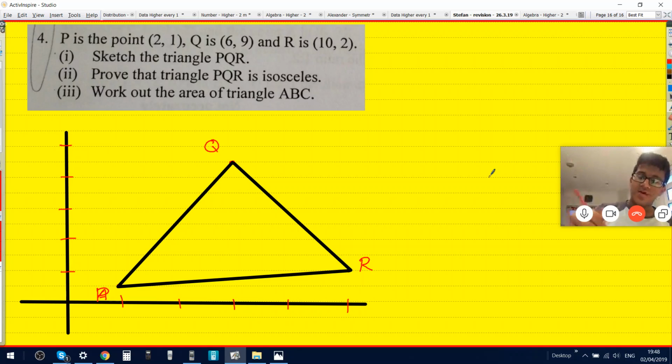It would be minus 7 actually. So QR equals the root of 4 squared plus minus 7 squared. Any number squared is positive, so it's fine. 4 squared plus 7 squared is root 65.